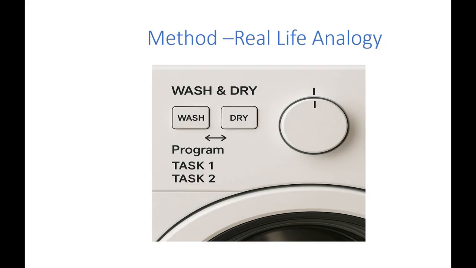In a similar way, I divide a program into, say, task 1, task 2, or a name of a function, whatever you want to give to the function. And when I need a particular block of code to be executed in a program, I call that method and my task gets executed. I call the method only at the time I need it.